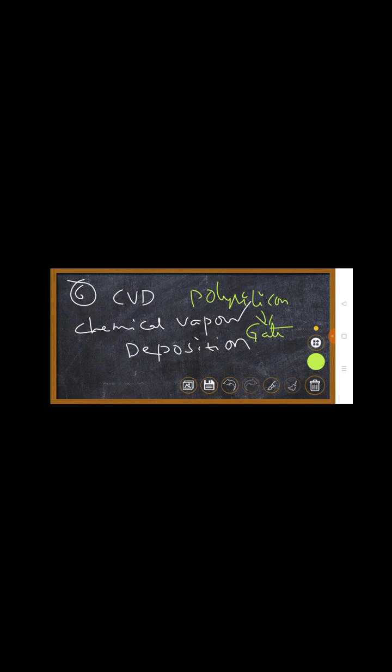Now coming to the seventh step after the sixth step, the seventh step is diffusion. This is a very important 2 marks question. Here diffusion is also known as self-aligning process.